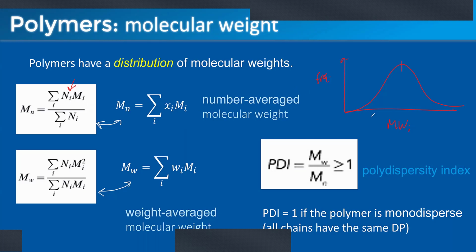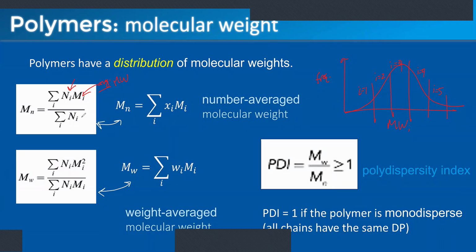So if we break this up into 5 bins or something like that, this would be i equals 1, i equals 2. We've got different molecular weight ranges, and we have a different number of polymer chains in each of those ranges. So here, the numerator, we've got the number of polymer chains within a certain molecular weight range times the average molecular weight of that range, over the total number of chains.